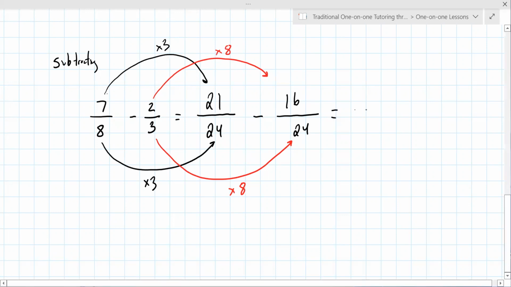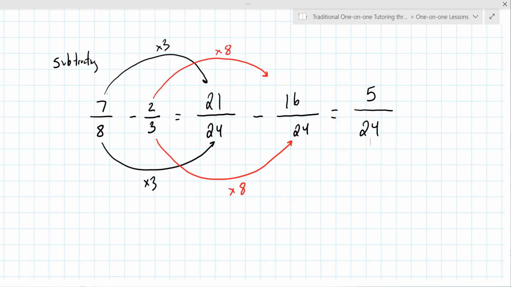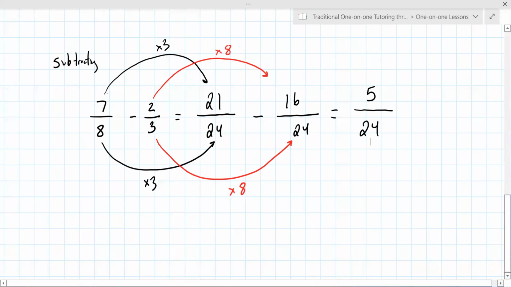So 21 minus 16 is 5 over 24. Let's have you try one here on your own. Let's have you try 5 over 12 minus 1 over 4.